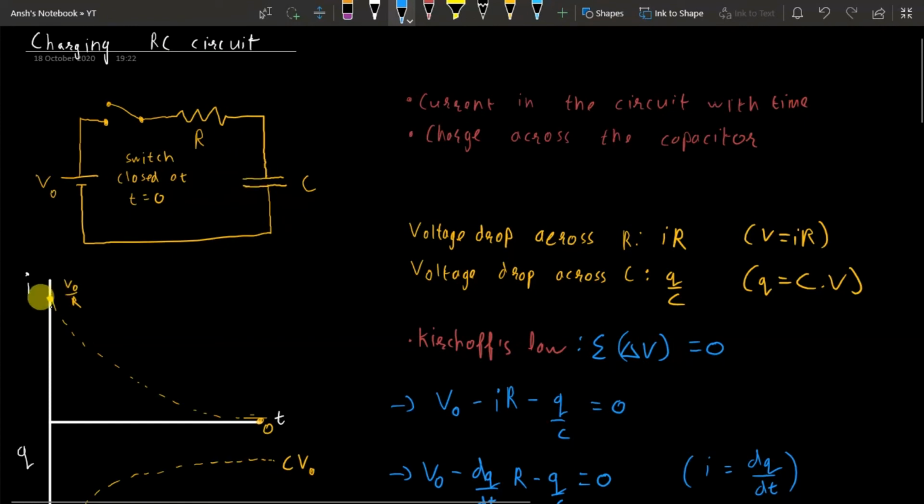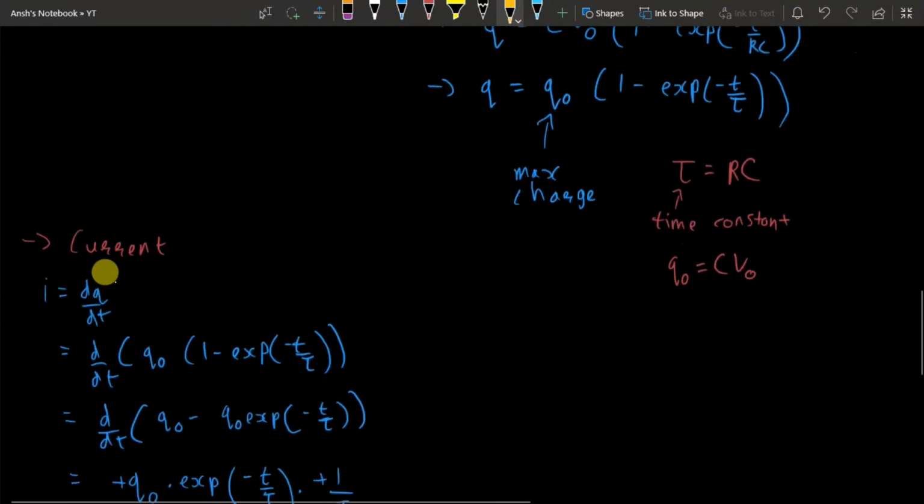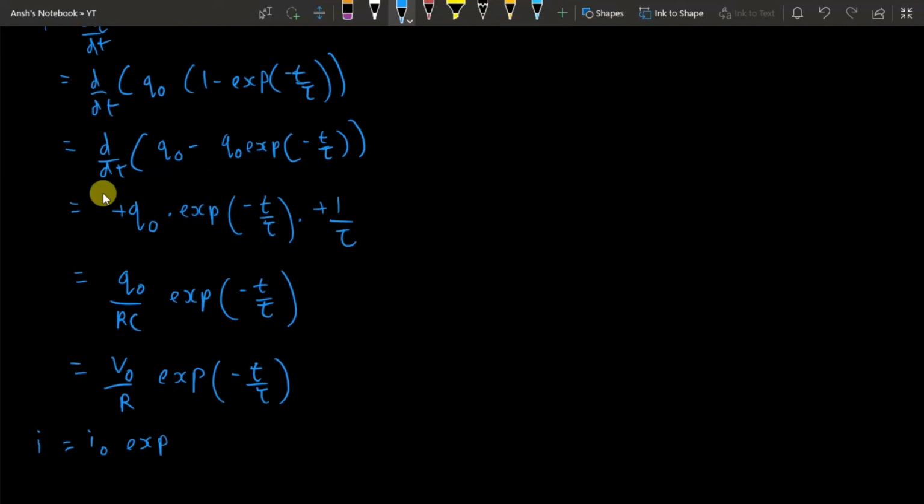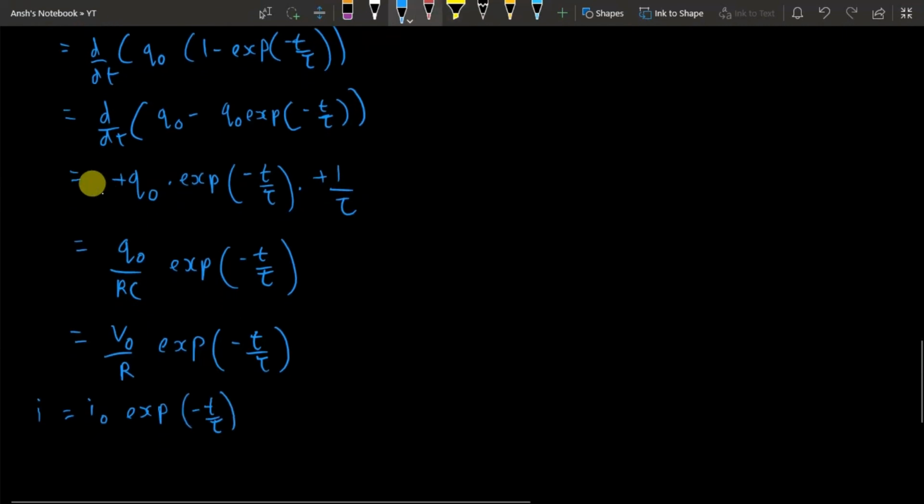And V naught over R can also be denoted by I naught, which is the maximum current that flows in the circuit. So let's make that substitution, and let's write the current in the circuit as I is equal to I naught exponential of minus t over tau. And again, I naught is equal to V naught over R.